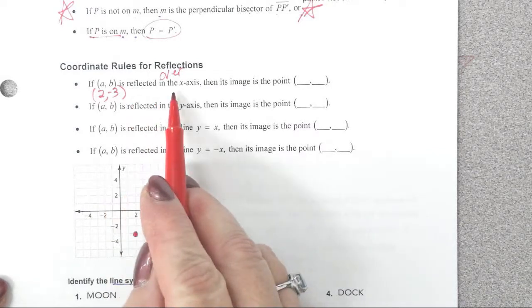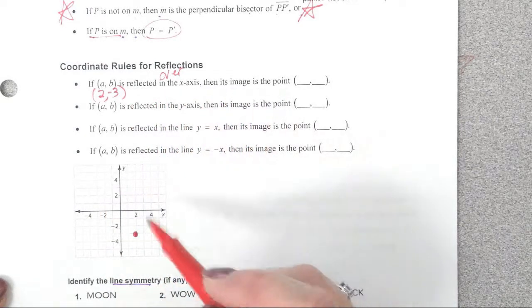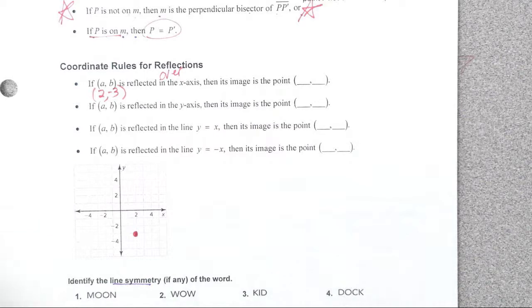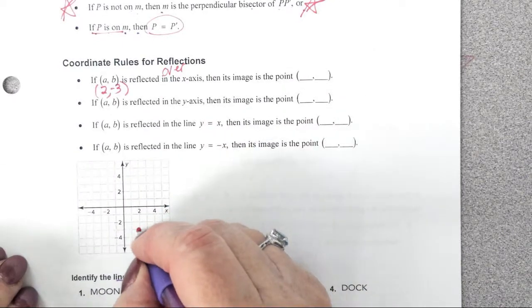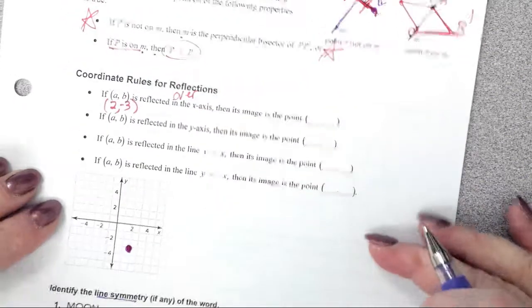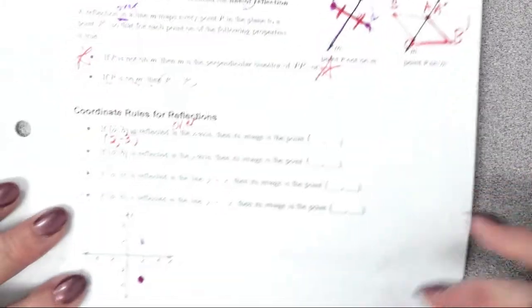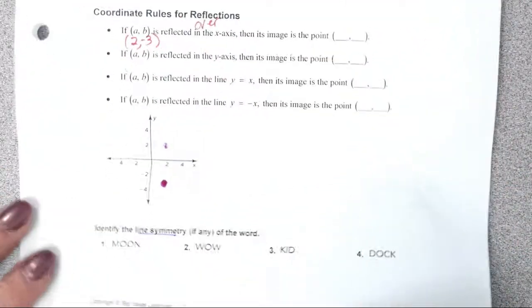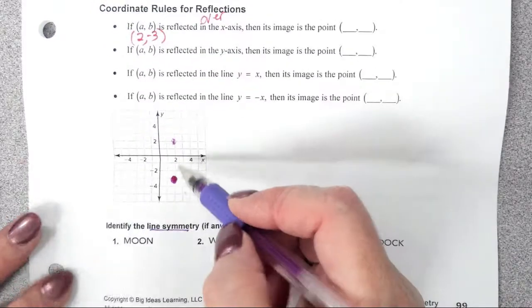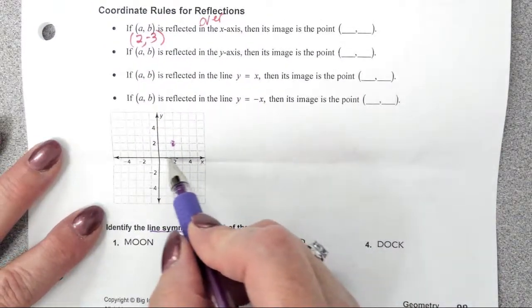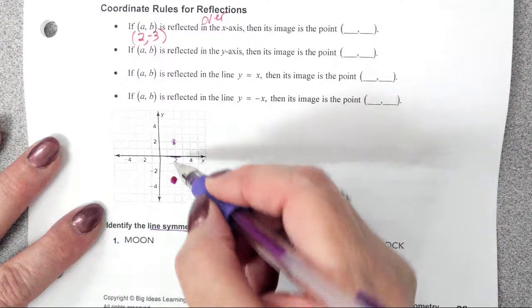It's just AB. So let's graph 2, -3, and let's reflect it over the x-axis. This worked really well yesterday. I took my gel pen, and when I folded it on the line, you know what happens with gel pens. Did I fold it on the line real well? No, I didn't hit it perfectly, but it's kind of close.